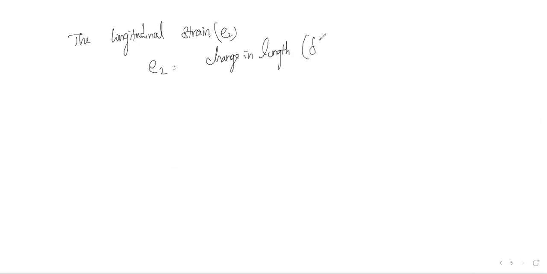Okay. So change in length, that is the longitudinal strain E2. So E2 is equal to change in length, I'm going to take as del L divided by original length, this is nothing but L. So what about the E2 value?